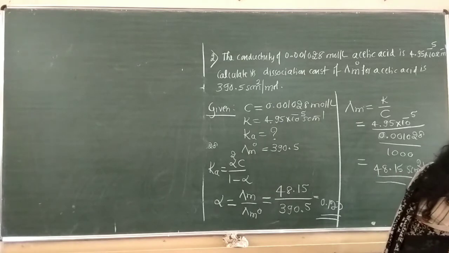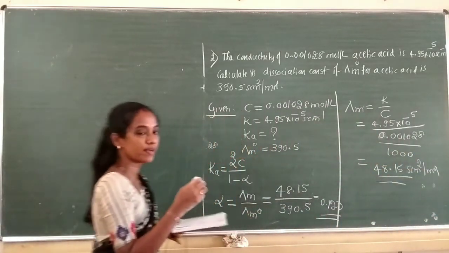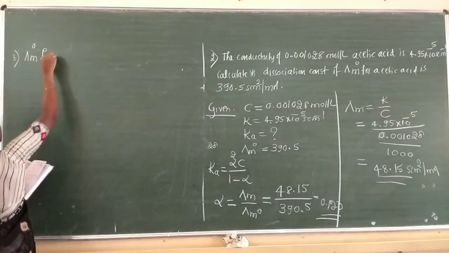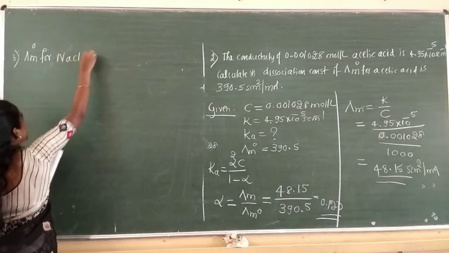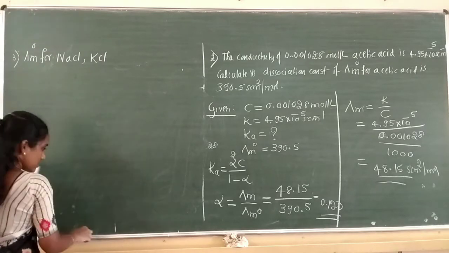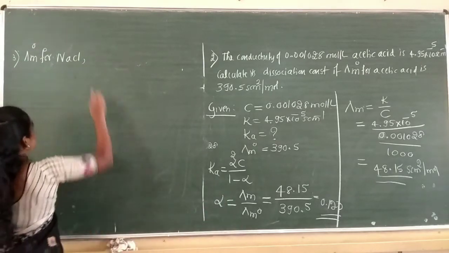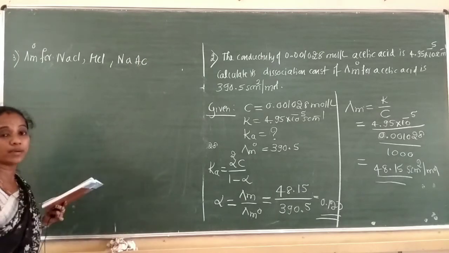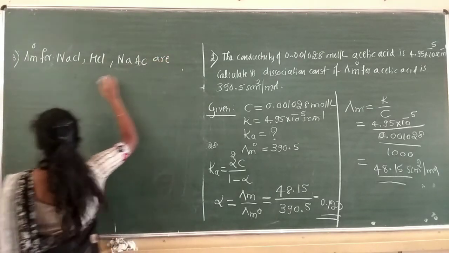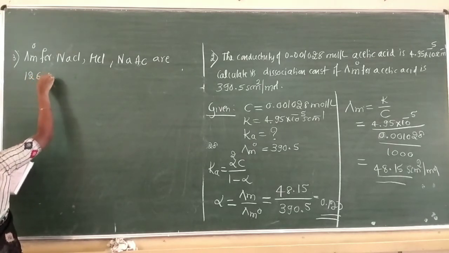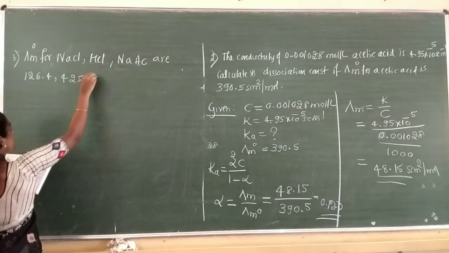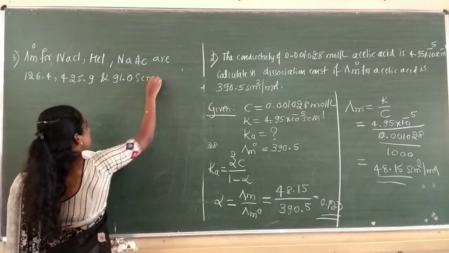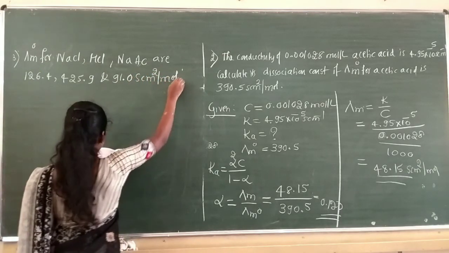Let us write the third problem. Lambda m naught for sodium chloride NaCl, HCl (sorry, it is HCl, not KCl), and sodium acetate NaAc are 126.4, 425.9 and 91.0 Siemens centimeter square per mole respectively.